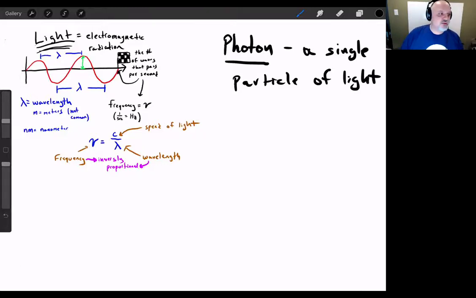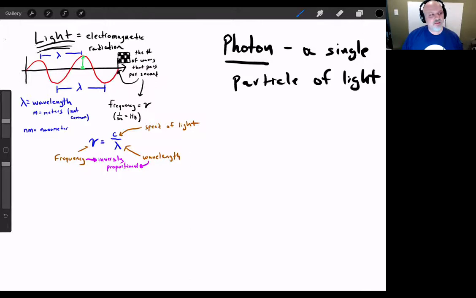What is usually not apparent to students is that, well, hold on a second. You just said that light was a wave. Now you're saying that light comes in particles called photons. That seems to be somewhat contradictory. And ultimately, this is at the heart of our discussion in quantum mechanics.